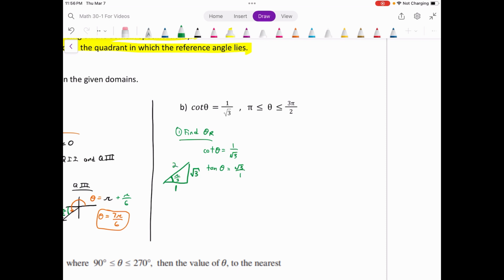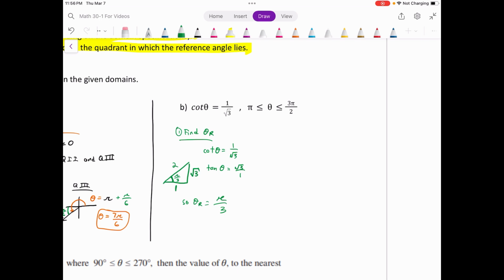And our hypotenuse is 2. Okay, so we're on a roll here. Our reference angle is pi over 3.